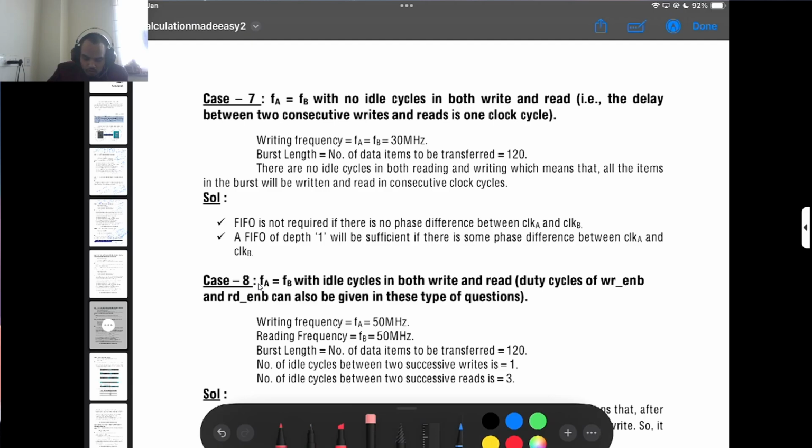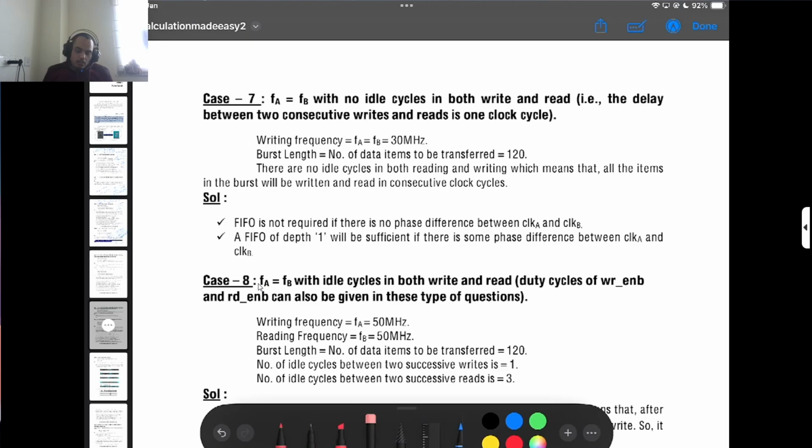So there are no idle cycles in both reading and writing, which means that all the items in the burst will be written, write enabled and read in consecutive clock cycles. So FA equal to FB with no idle cycle in both write and read. The delay between two consecutive writes and reads is one clock cycle.